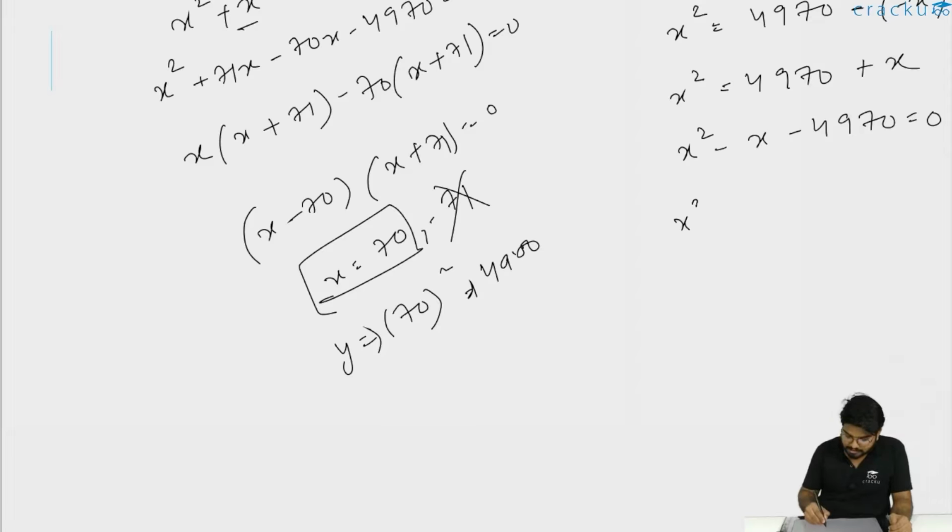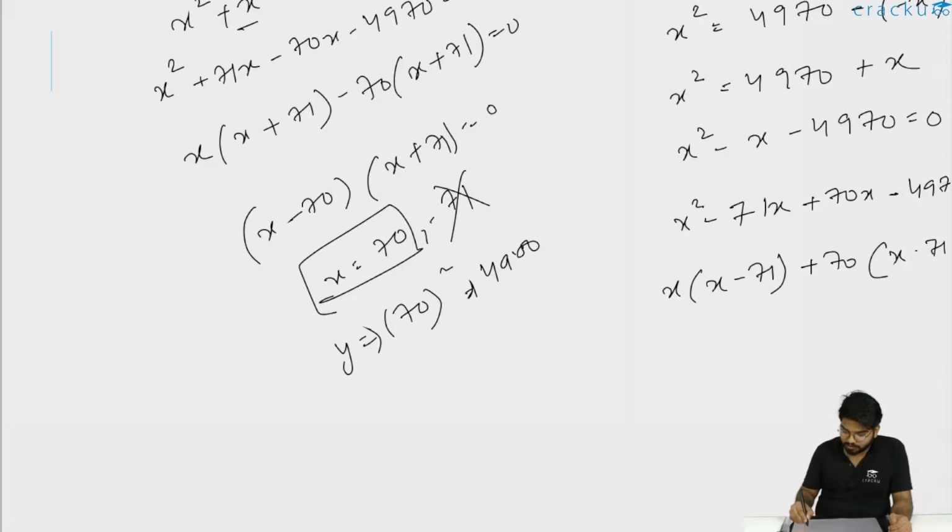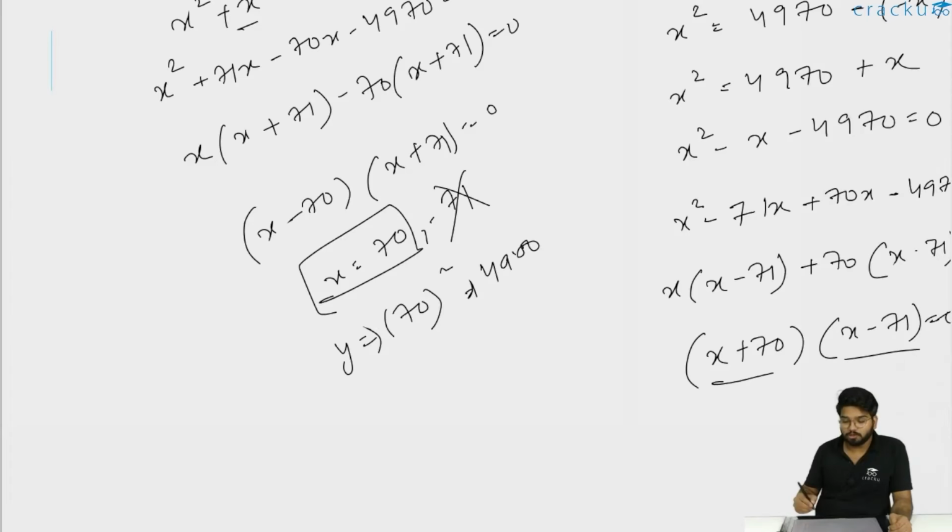So we can write this as x square minus 71x plus 70x minus 4970. Taking x common, this will be x into x minus 71 plus 70 into x minus 71 is equal to 0. Or we can write x plus 70 and x minus 71 is equal to 0. Equating both to 0, we will get x is equal to minus 70 and x is equal to 71.